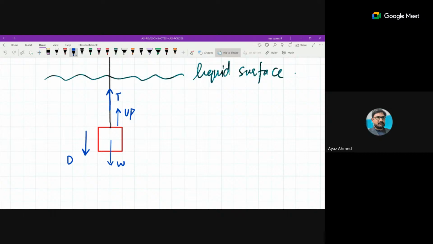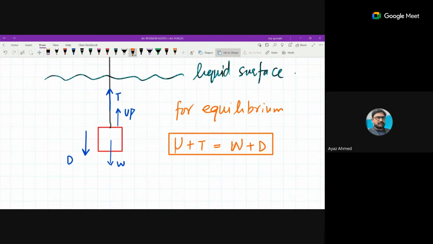So this is the combination of forces you can imagine here. For equilibrium, upthrust plus tension equals weight plus viscous drag. Is it clear to you?